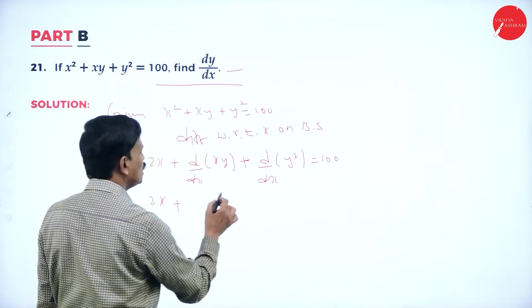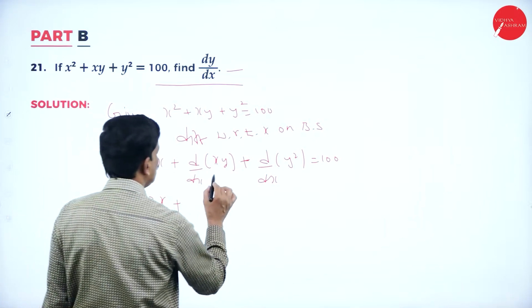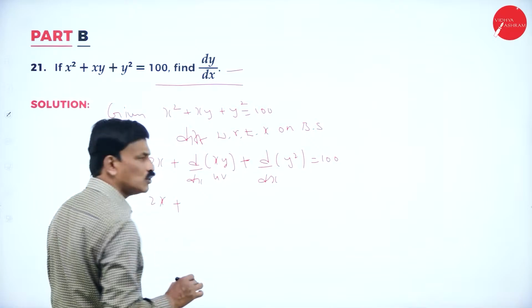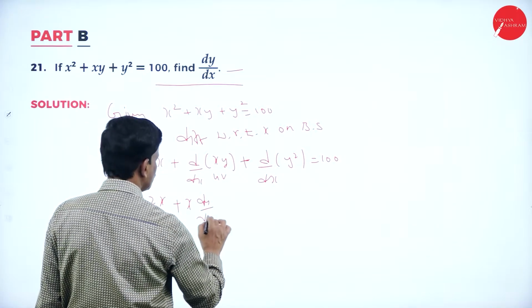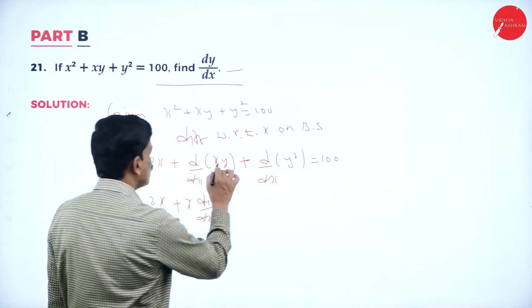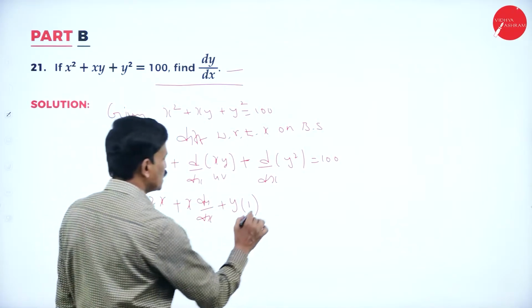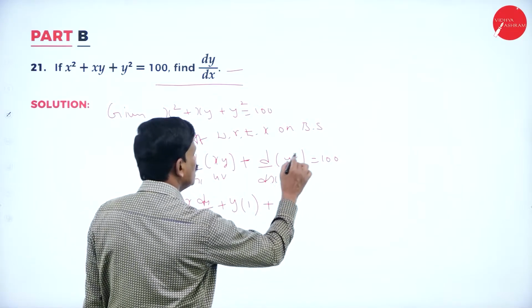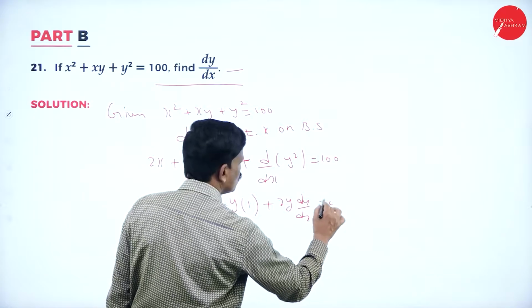If you observe carefully, this is a function of two variables x and y. So this can be differentiated using the product rule, UV method. First function x into differentiation of y is dy by dx plus second function y into differentiation of x is 1. Plus again this is function of a function, derivative of y square is 2y into dy by dx is equal to 0.